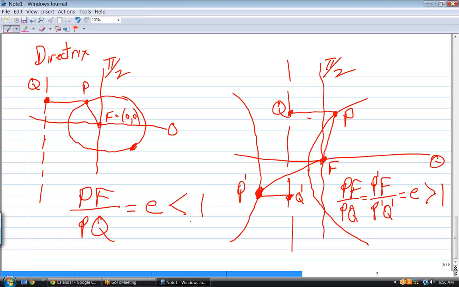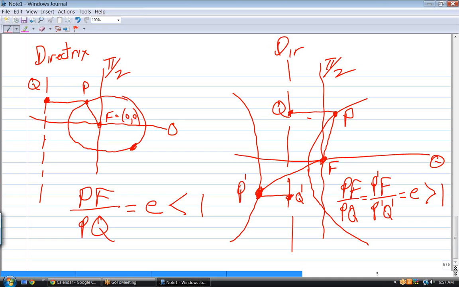So they've definitely, in the theorem itself, stated that the ratio of PF over PQ is E. That is a new definition for eccentricity. And same thing with hyperbola. All right.